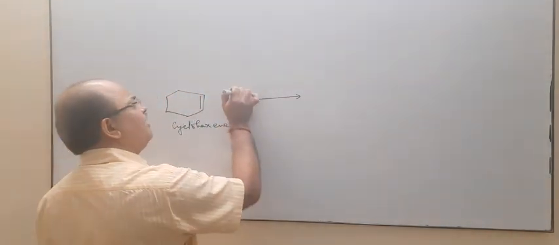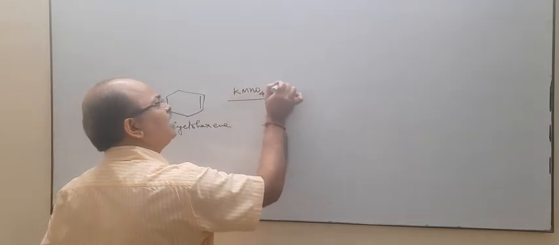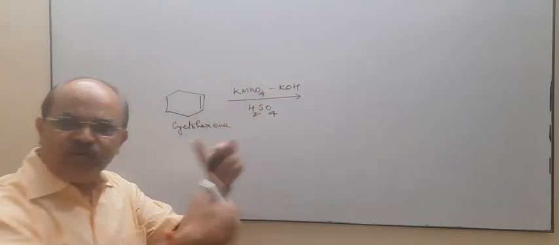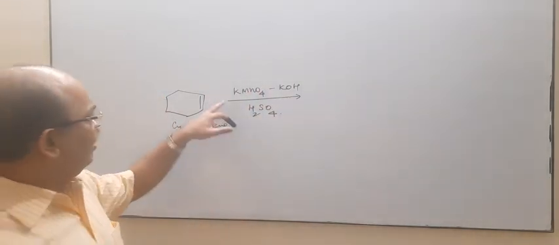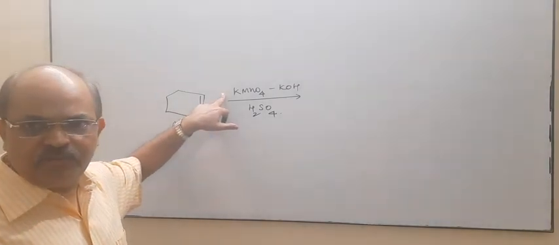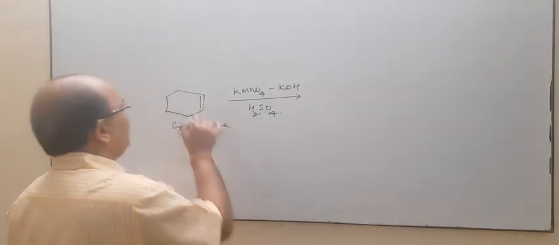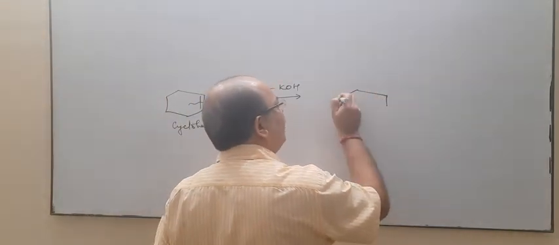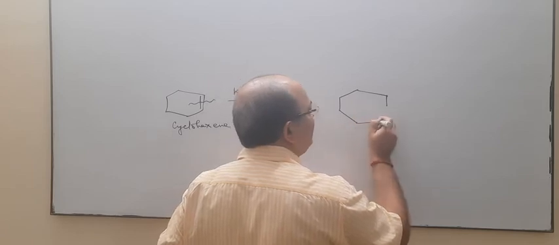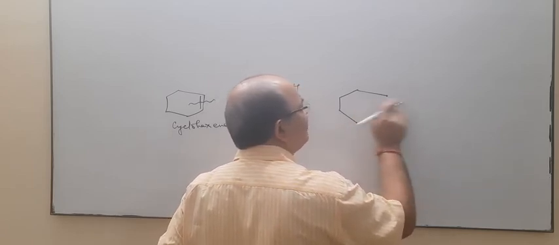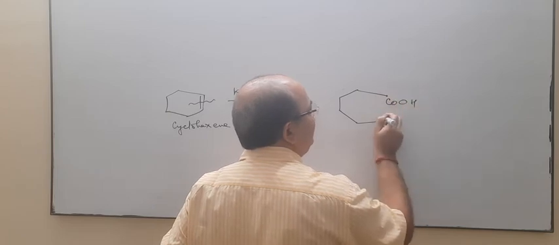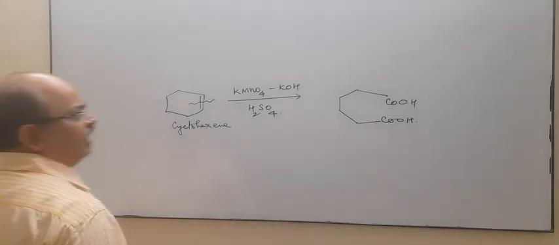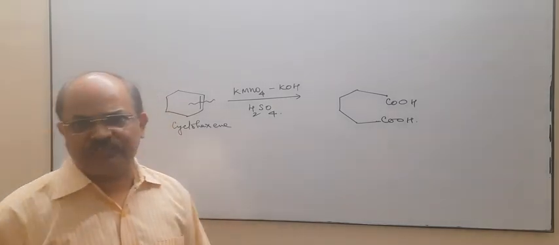If you oxidize this cyclohexene with alkaline KMnO4 and then acidify with dilute sulfuric acid, what will happen? This double bond will cleave, and the product is a dicarboxylic acid. This is carboxylic acid and this is carboxylic acid.